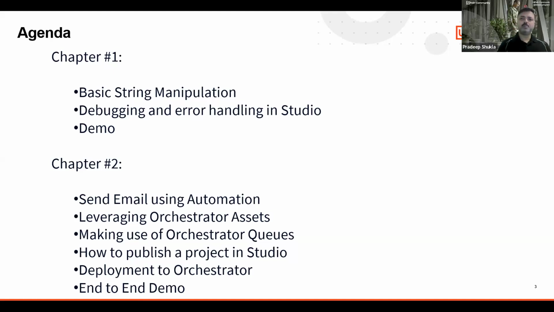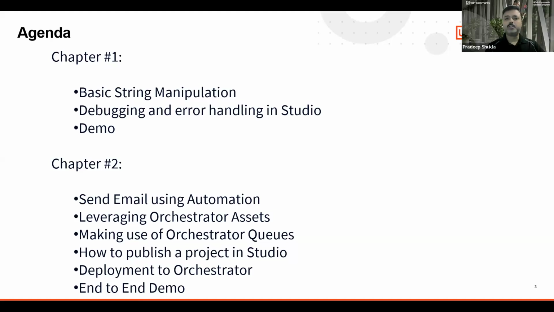Chapter 2, where we'll look into more of the Orchestrator side of the business. We'll look at email automation briefly. There are a ton of concepts within Orchestrator. Orchestrator is the platform, the web server of the UiPath ecosystem, if you will, that helps organize and manage different assets.